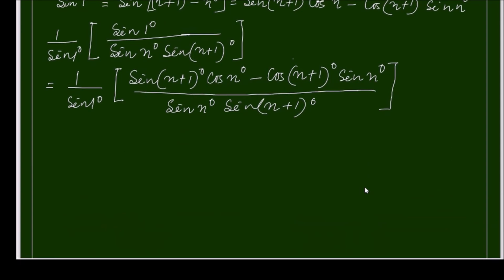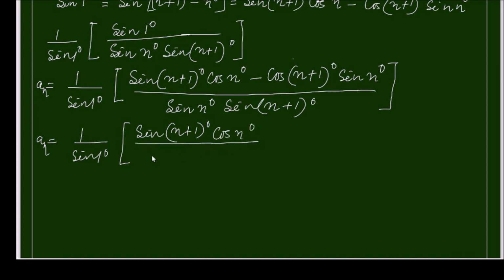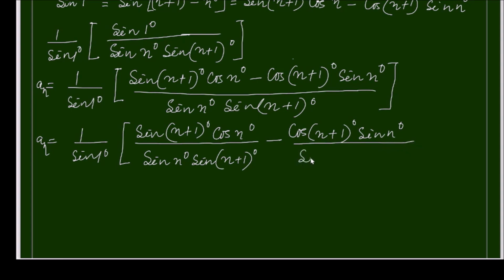On further simplification, the nth term, if I divide into two terms, will be sine n plus 1 degree cos n degree over sine n degree sine n plus 1 degree, minus cos n plus 1 degree sine n degree over sine n degree into sine n plus 1 degree.